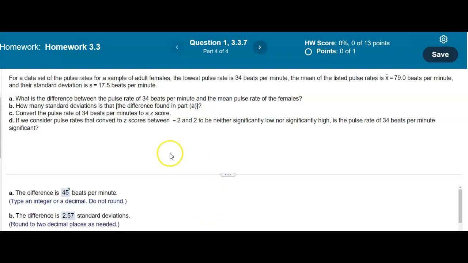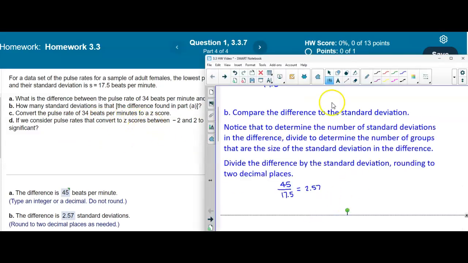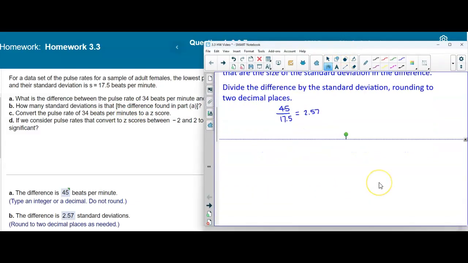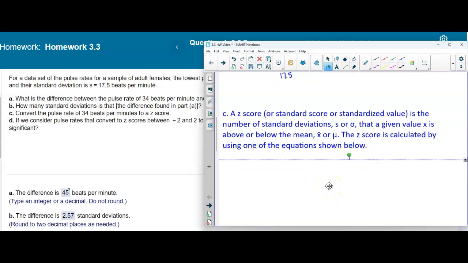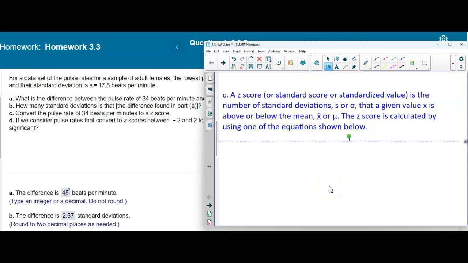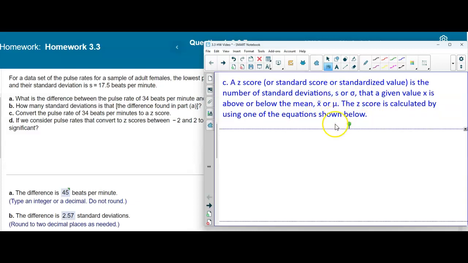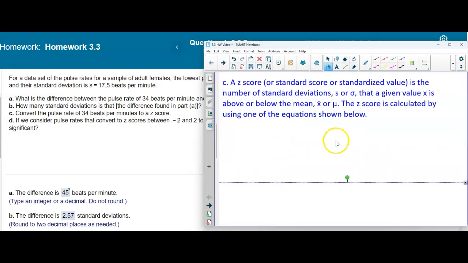Okay, now the next question says to convert the pulse rate of 34 beats per minute to a z-score. In order to do that, a z-score or standardized value is the number of standard deviations, the sample or the population standard deviation that a given value x is above or below the mean, either the sample or the population mean, and the z-score is calculated by using one of the equations below.